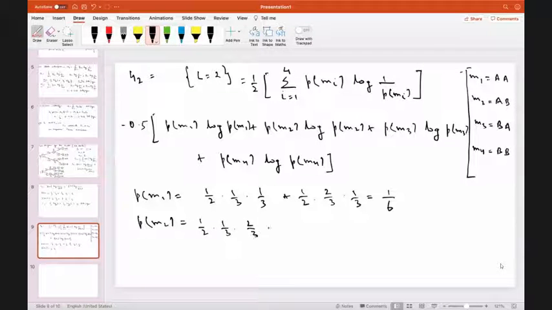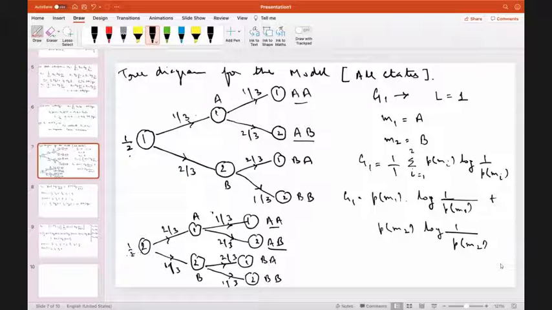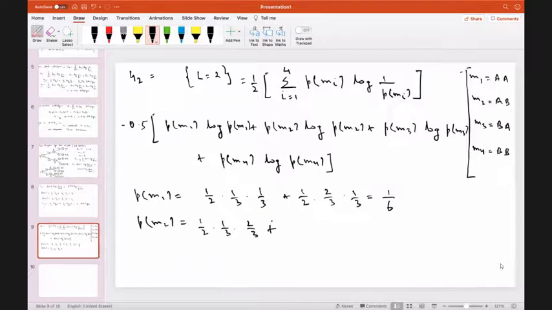Plus this will be 1/2 into 2/3 into 2/3. So this is going to be 2/18 plus 4/18, which is 6/18. So this will be 1/3.